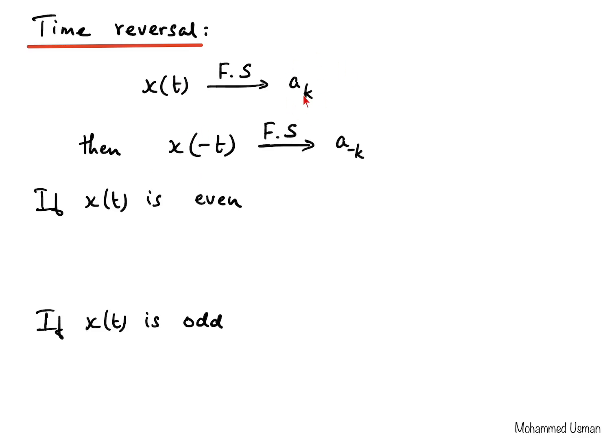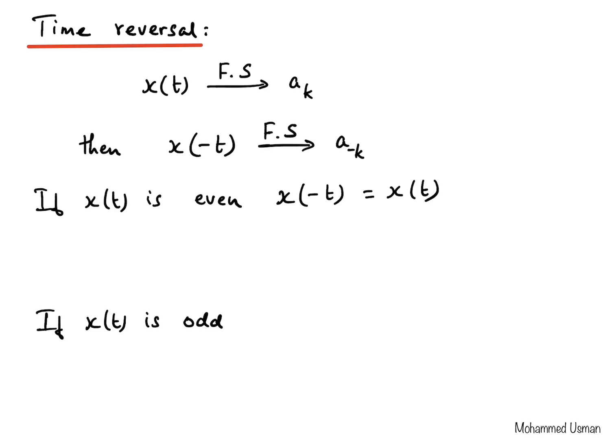So if x of t has Fourier series coefficients a_k, then x of minus t will have Fourier series coefficients a minus k. Now this gives us some interesting observations when we consider that the signal x of t is an even signal. If x of t is even, it means that x of minus t is equal to x of t.